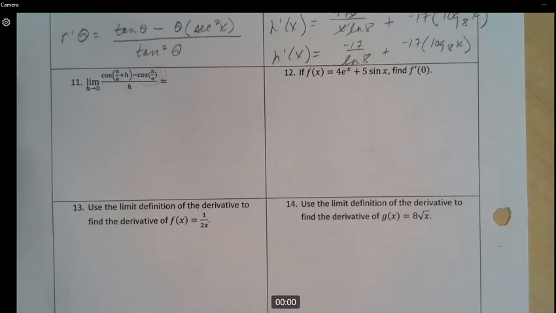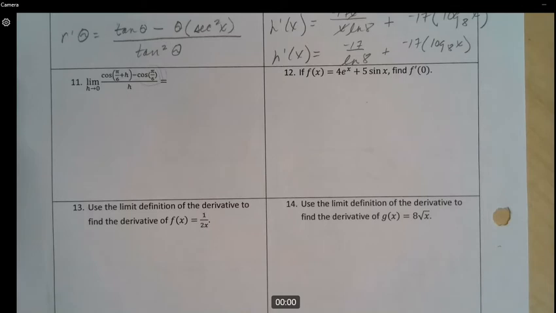What do you think we should do with it? If I plug h in for 0, I get an indeterminate form. I get 0 over 0. What do I do? Distribute the cosine to the pi over 6 and the h. So I'm not sure you can distribute because it's not a coefficient.